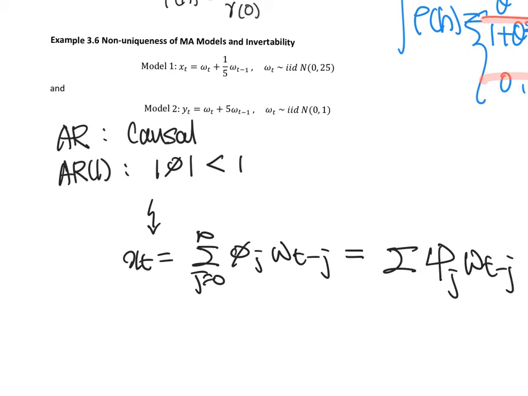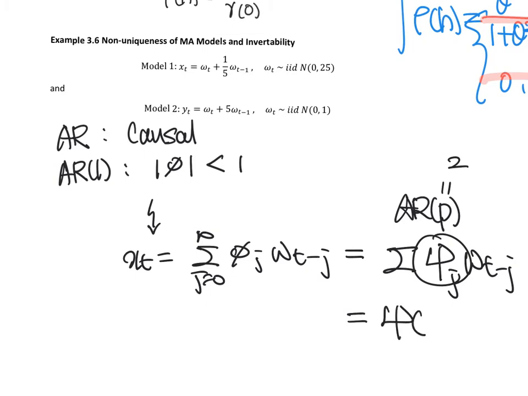It's a general case. For example, for AR p equal 2, I gave you a homework to get the capital phi, and we also use the operator, the big phi operator, applied to X_t equals W_t.